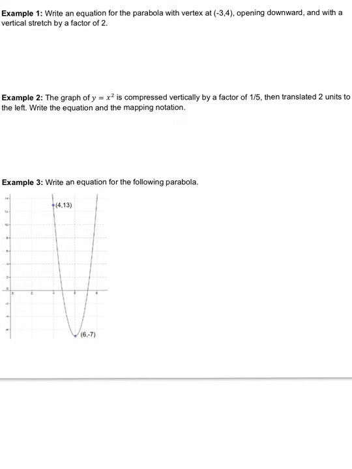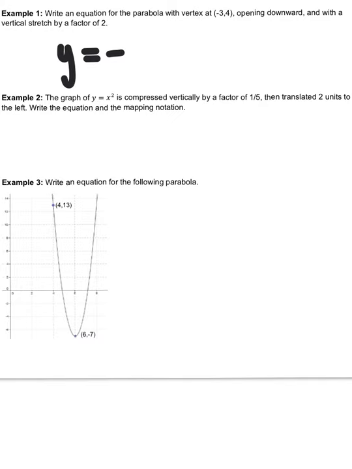Okay, so let's do some examples together. So example 1, write an equation for the parabola with a vertex at (-3, 4), opening downwards, and with a vertical stretch by a factor of 2. All right, so for here, we know that we're going to write it in vertex form. And so we know it's a vertical flip, right? So it's reflected over the x-axis because it is pointing downwards. So we know we have to have a negative a value.